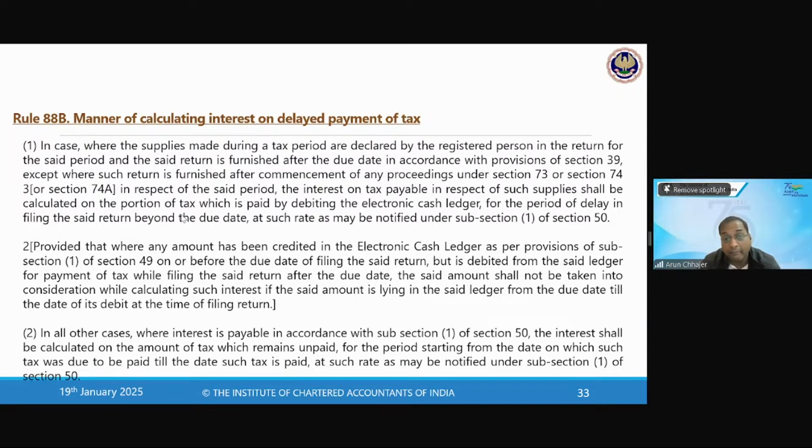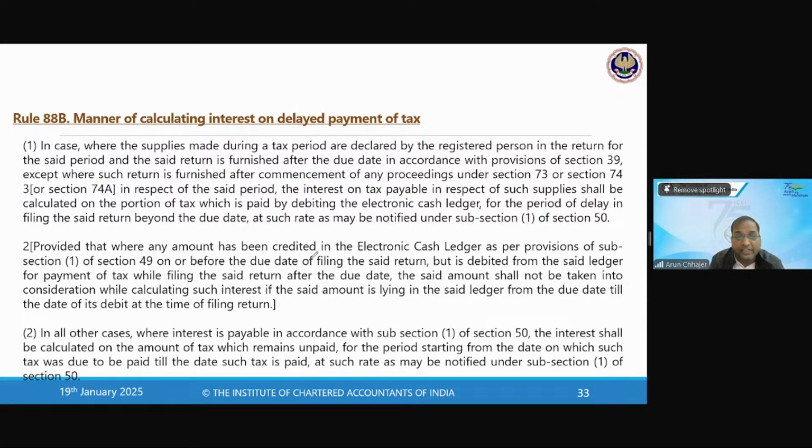A very important amendment in Rule 88B is the proviso. What is the new amendment that is also made applicable from, I think, October 24? All the things we have discussed, but what is the new amendment? That is the proviso.